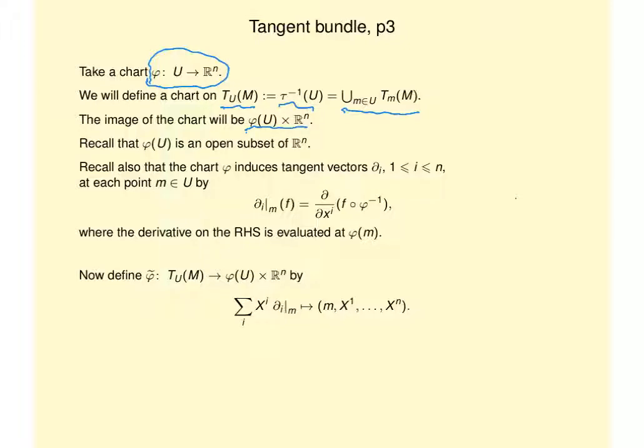And of course phi u is an open subset of Rn, so if we were going to talk about the tangent bundle to that, then indeed this is what we get. We get phi u cross Rn. We'll come back and talk about open submanifolds later on, but I think it's pretty straightforward to believe that as far as tangent vectors are concerned, if you're working in an open submanifold, it's the same as working in the manifold itself.